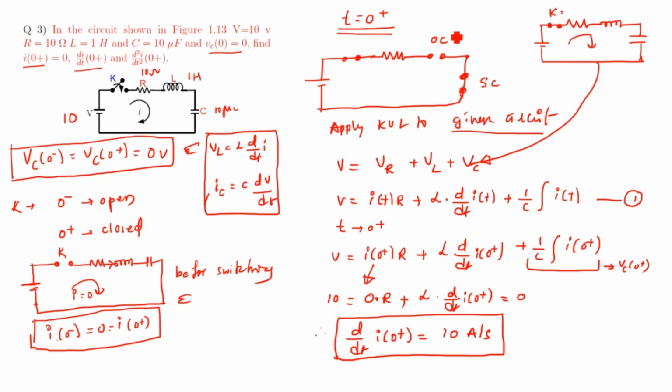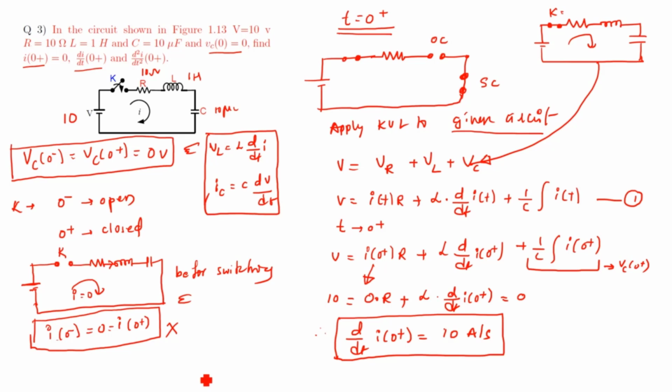Because of the open circuit, I is replaced by 0, but that is not equal to the first differentiation of its value. First differentiation and normal values are different. That's why we get the first differentiation of I at 0 as 10 amperes per second. You should not differentiate I directly to say d by dt of I equals 0.